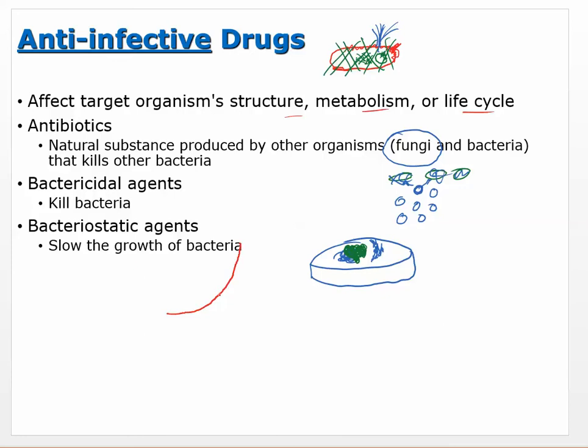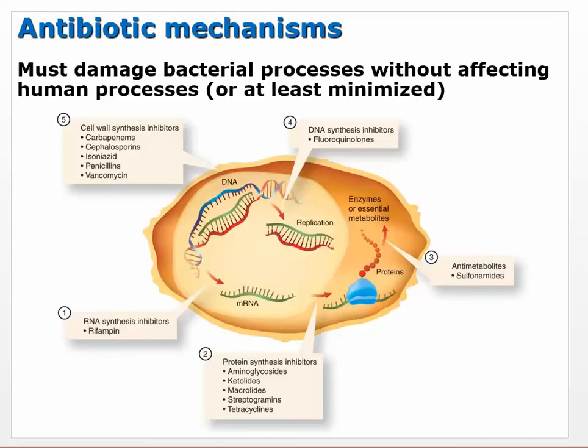Well, what bacteriostatic agents do is they slow that division, and then they keep it at a lower level. And then your immune system can jump in and take it down. Okay, so that's the idea. Bactericidal, kill it. Bacteriostatic, slow the growth, stop the growth, so your immune system can get an upper hand on it.